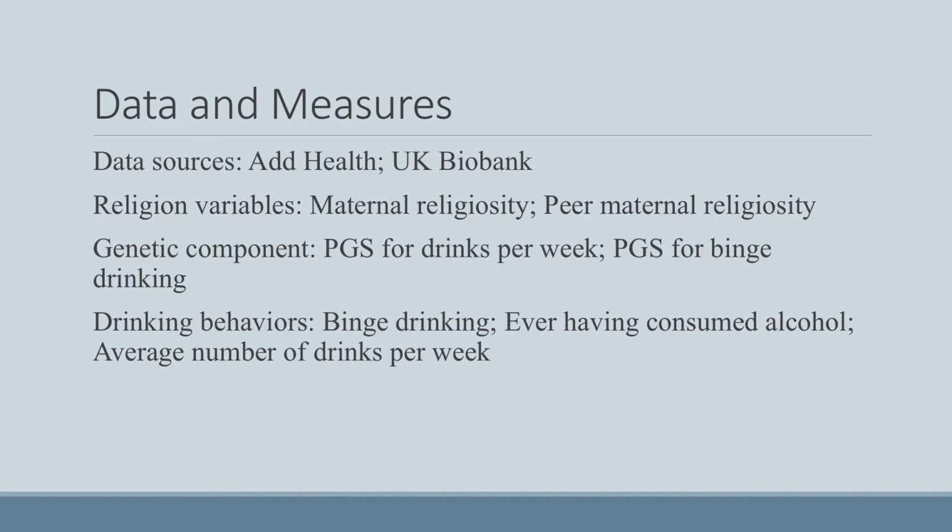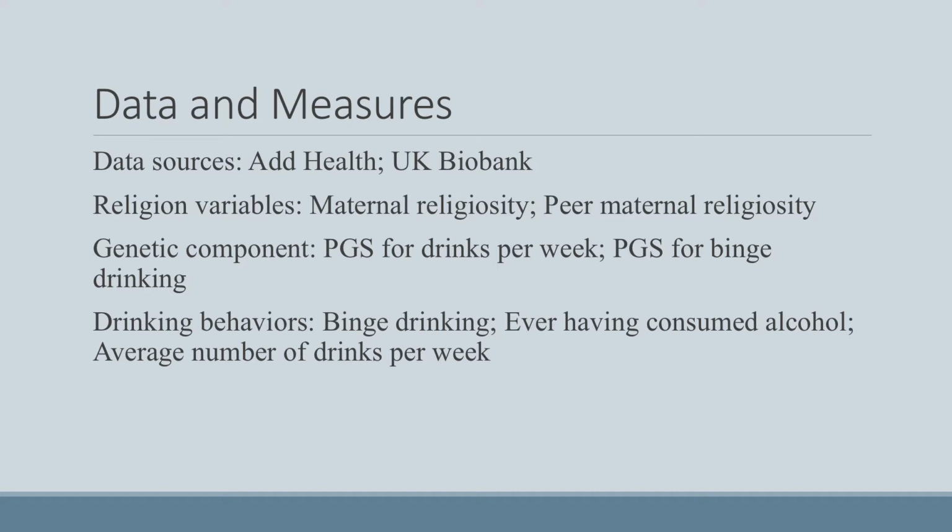And I'd like to think of individuals as nested within these larger social contexts as we look at this research. So for our data and measures, we pull data from UK Biobank, using GWAS to generate polygenic scores that we then imported into the AdHealth data, that give us our PGS for drinks per week and PGS for binge drinking.